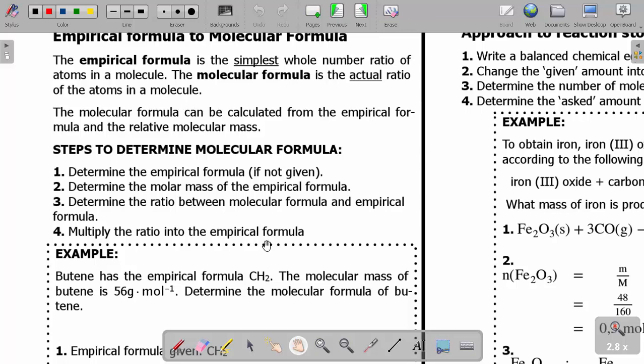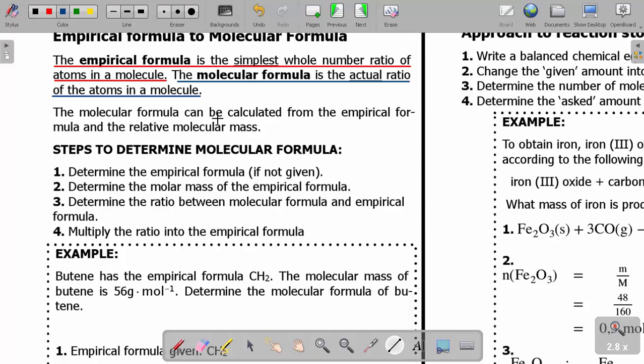I repeat, the empirical formula is the simplest whole number ratio of atoms in a molecule. What about the molecular formula, teacher? The molecular formula is the actual ratio of the atoms in a molecule. So the actual ratio of atoms in a molecule is called the molecular formula, while the simplest whole number ratio of atoms in a molecule is called the empirical formula.